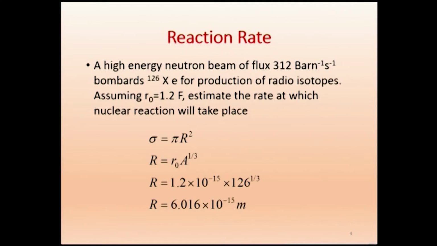We need to remember that the geometrical cross section is pi r squared, and based on that we are going to work out a problem. The derivation of pi r squared is one part, but what we can assume is the cross sectional area. Suppose the nucleus is a sphere.